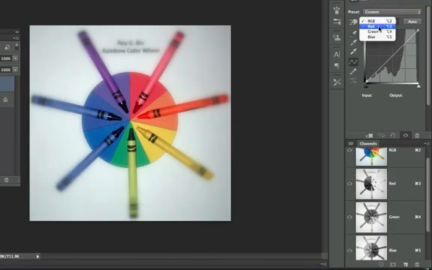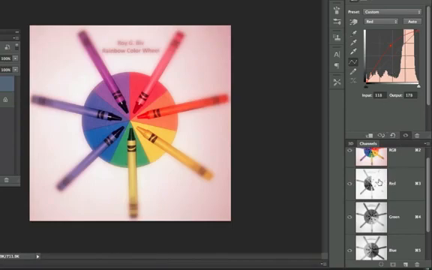One good thing to understand about R, G, and B is the opposite of red is cyan, the opposite of green is magenta, and the opposite of blue is yellow. How do you remember that? RGB, CMY, and forget about K. Which means, if we're in curves and we move red up, it becomes more red, because the red channel is becoming more white.